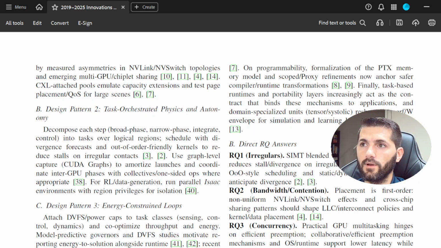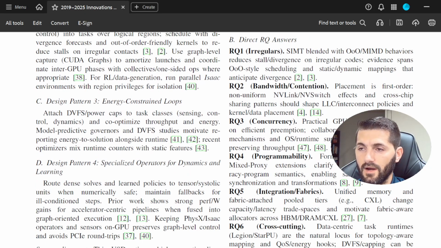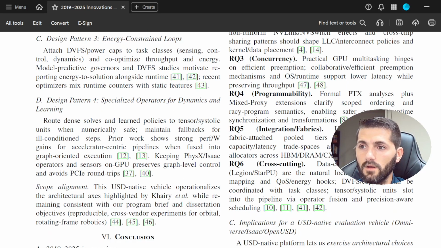The points here for each one of the direct research question answers: that yes, there are points in each, things that are directly increasing irregularity, bandwidth, concurrency, programmability, integration, fabric, and there's a number of cross-cutting themes as well. And so that's the core of the paper.